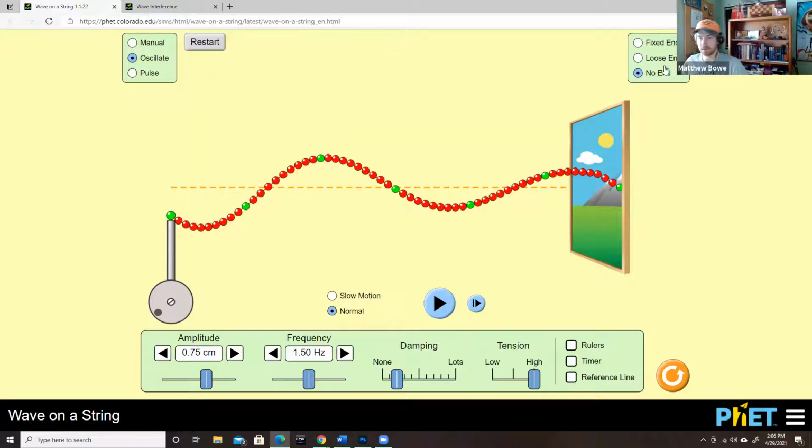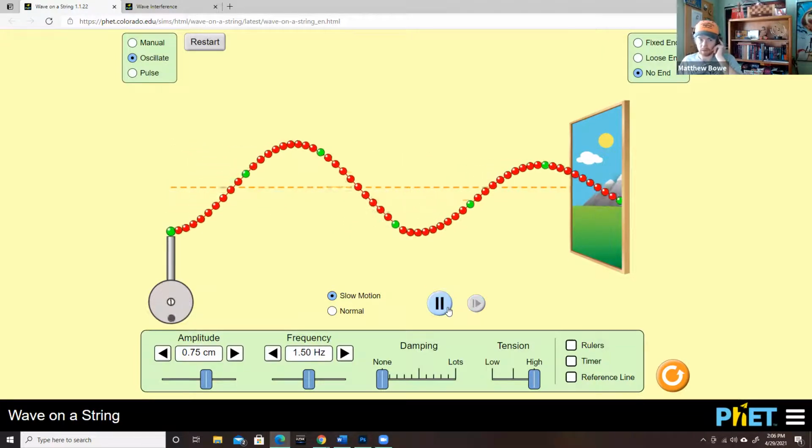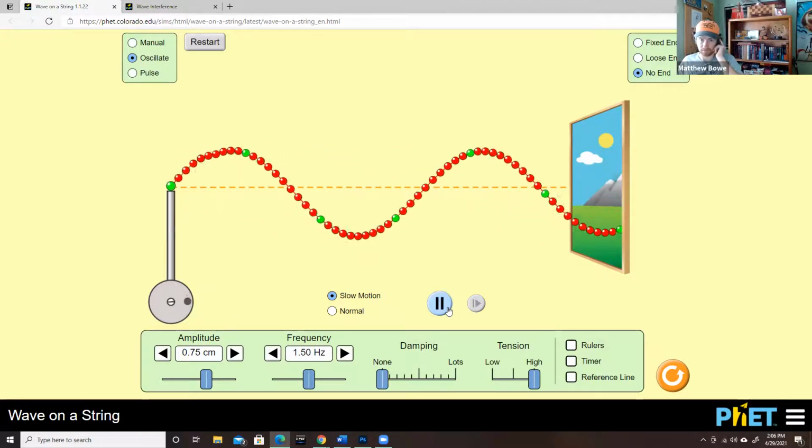So oscillate, no end, and we're going to turn damping, this little lever down at the bottom, to none, all the way down like that. Let me let it play for a little bit. And I'm also going to click on slow motion so it's easier to watch. Okay, there we go.